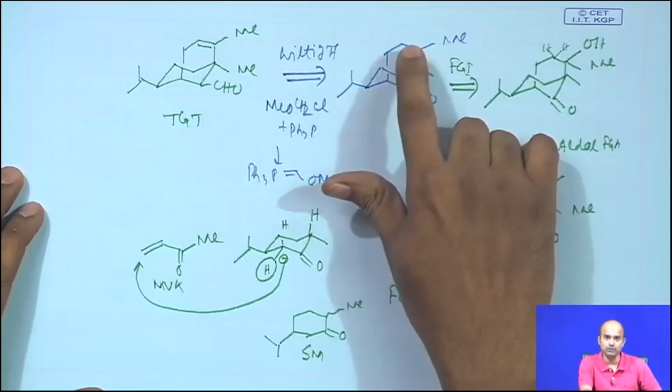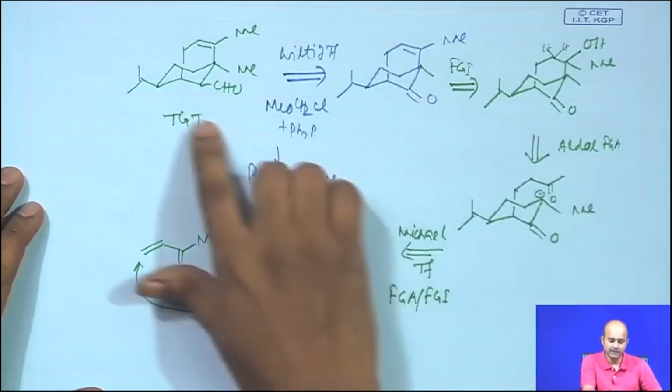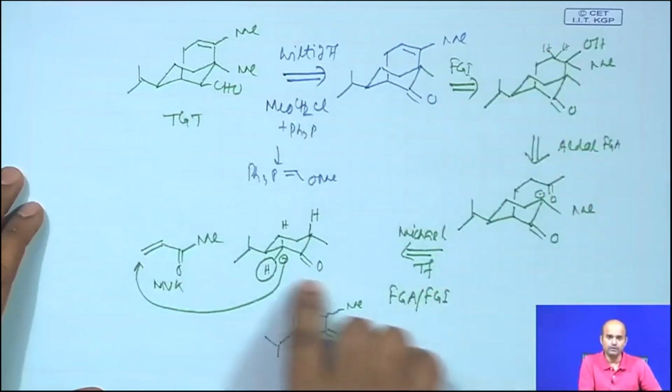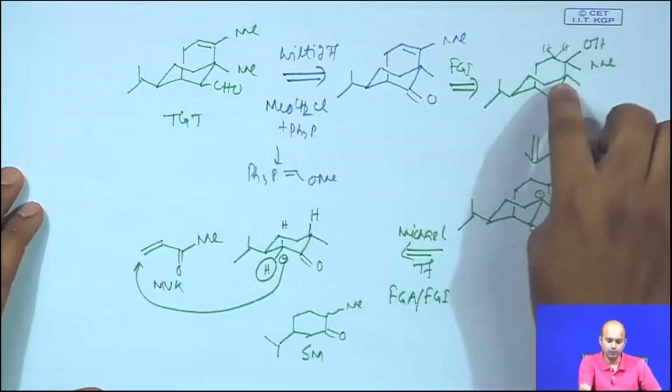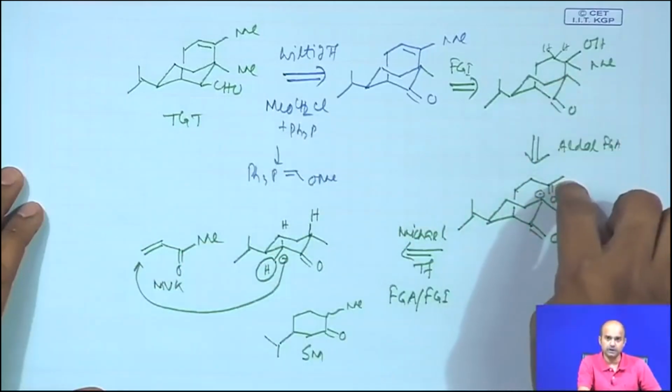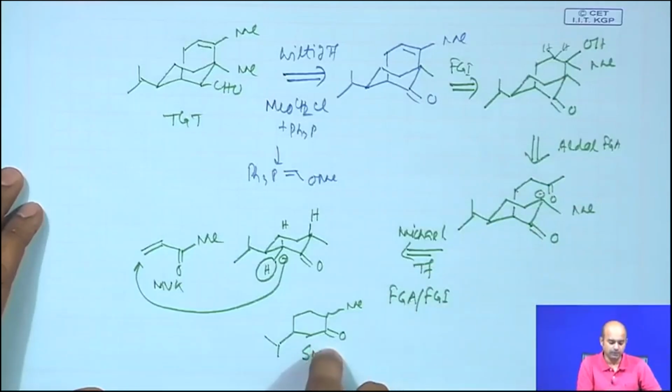So, hydroboration probably you cannot use. So, you have to use a direct Wittig reaction. Okay. And then you try to formulate the chemical logic, which is pretty much obvious. You do an aldol kind of transformation here, simplify it, do a Michael with this starting material and the methyl vinyl ketone.